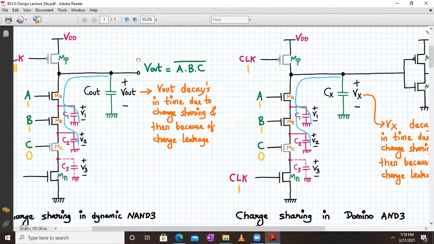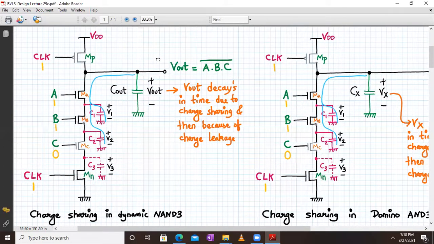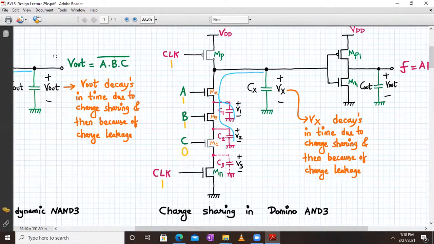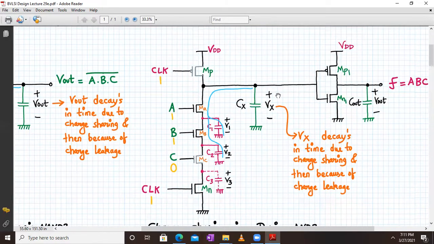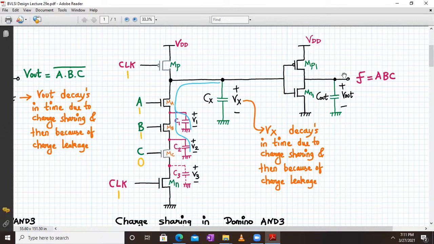Same thing whatever we have learned in the dynamic NAND tree analysis, it applies to domino also, but at the internal node X. Here the charge sharing takes place between the capacitors Cx, C1 and C2 during the evaluate state, when the clock is 1. So Vx voltage decays in time due to charge sharing and then due to charge leakage, and this is fed to the static CMOS inverter, where we have another capacitor C out, where the voltage across the capacitor is the actual output.